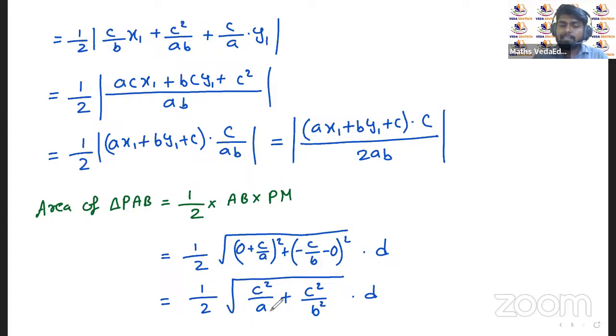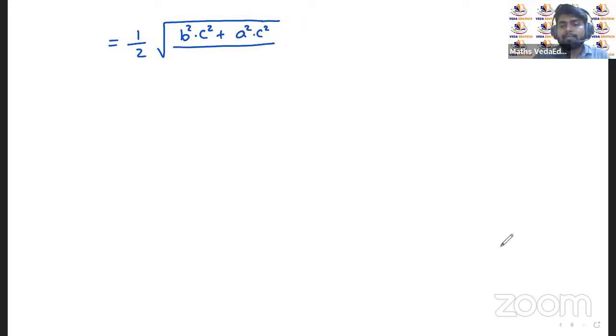Now we can take the LCM here. So we'll get A squared C squared plus B squared C squared whole divided by A squared B squared. So it will give you half times square root of B squared C squared plus A squared C squared whole divided by A squared into B squared.